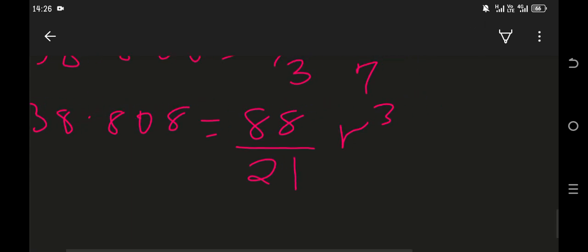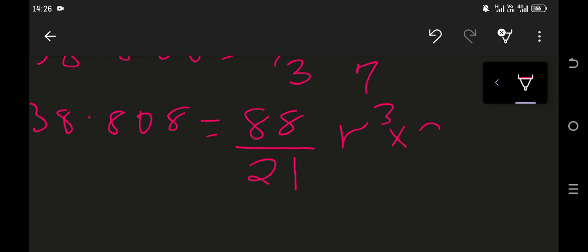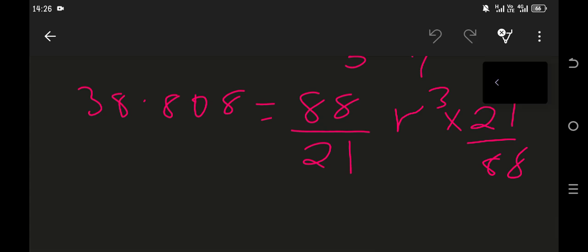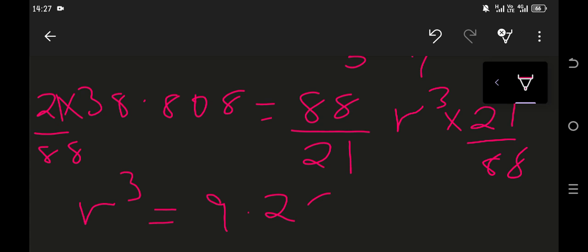So for this, we'll multiply this side by 21 over 88, and this side will also take it multiplied by 21 over 88. This will give us, let us start with the unknowns. R cubed is equivalent to 21 over 88 times 38.808 should be giving you 9.261.